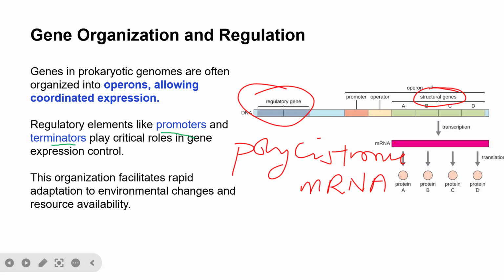A regulatory gene is a region where all these genes can be regulated, because they have one promoter and one regulatory site. But unlike in eukaryotic organisms, each gene has its own regulatory point and its own promoter site.